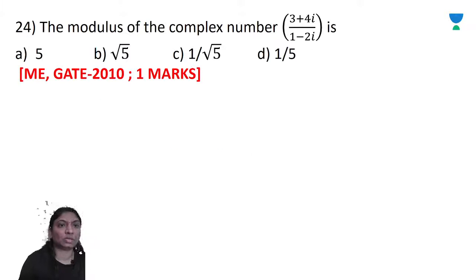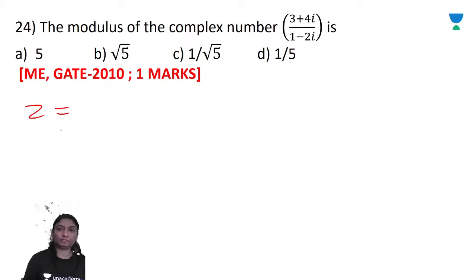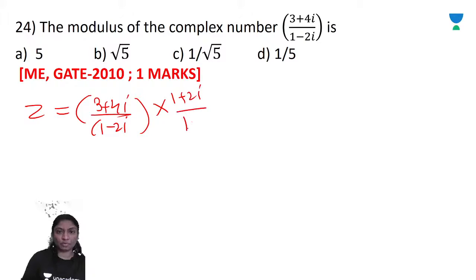Now see, the modulus of the complex number, it's a very simple question. First of all we want to simplify it. So z is equal to 3 plus 4i upon 1 minus 2i, multiplied by 1 plus 2i upon 1 plus 2i.